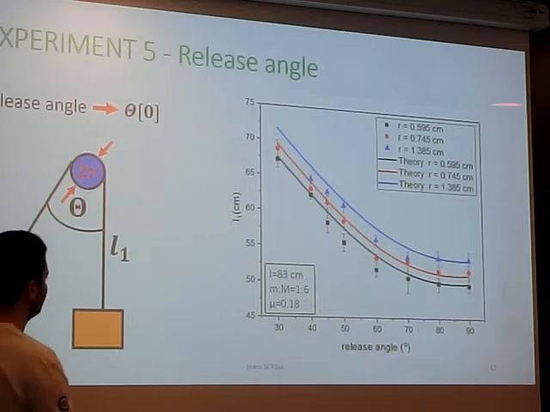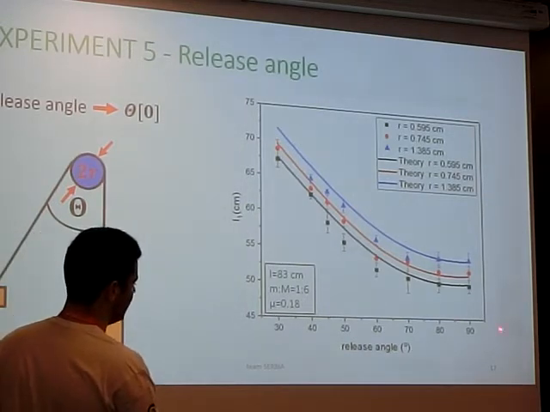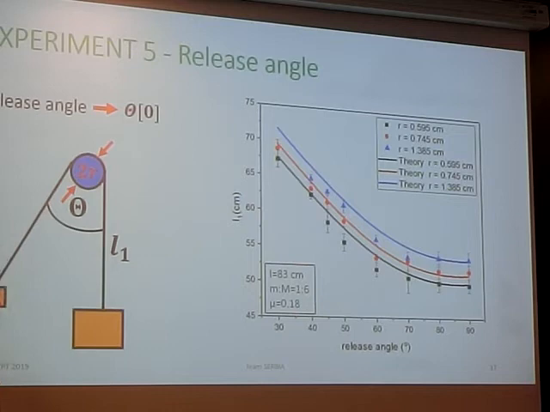From this graph, we can conclude that when we increase the release angle, the height at which the heavy rod will stop decreases. Also, when we increase the radius of the rod, the height at which the heavy rod will stop increases. In this case, we have a good match with the theoretical predictions, so we are very happy with our simulation.